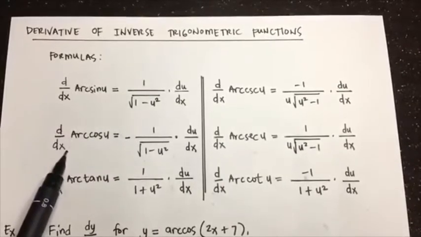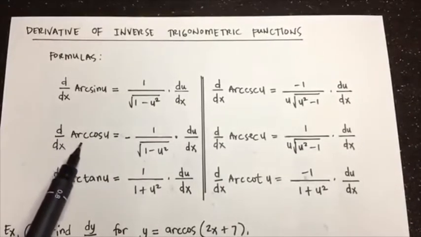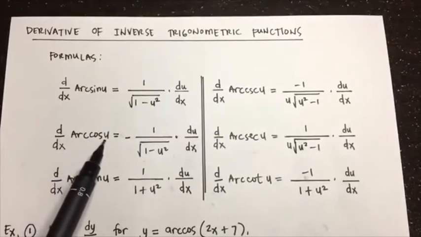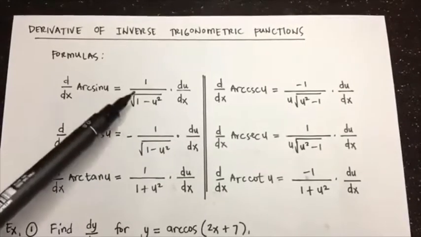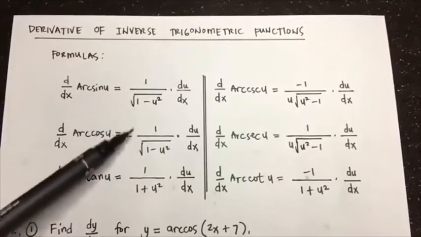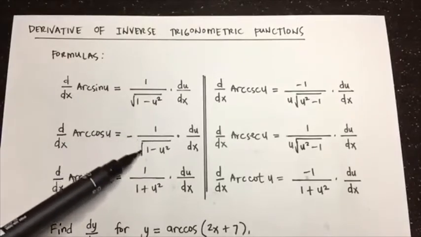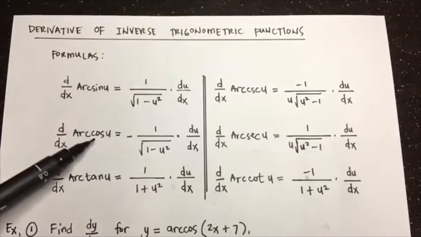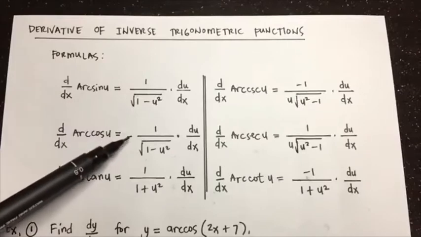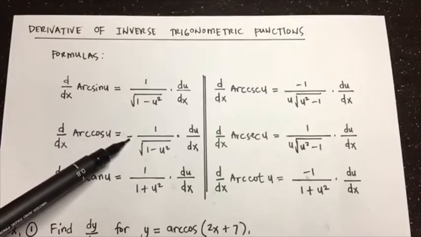Another formula is the derivative with respect to x of arc cosine of u. Notice that the derivatives of arc sine and arc cosine are the same except for the negative sign.